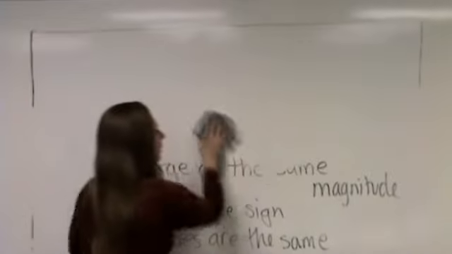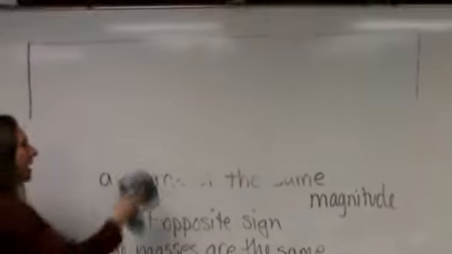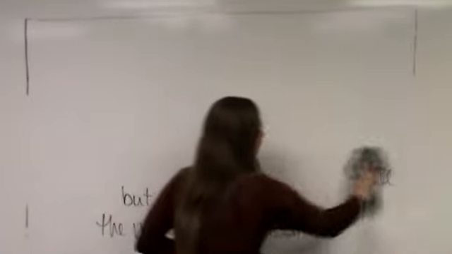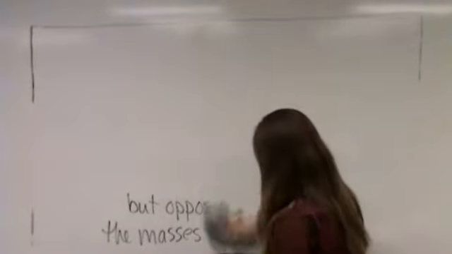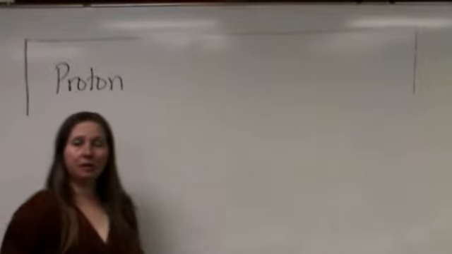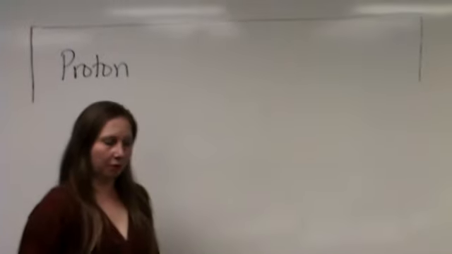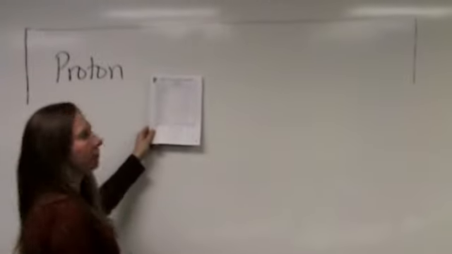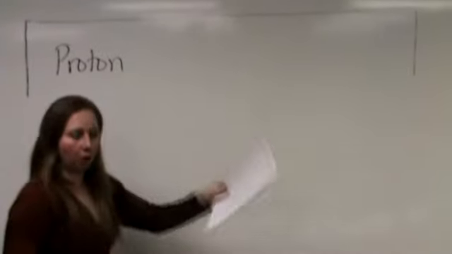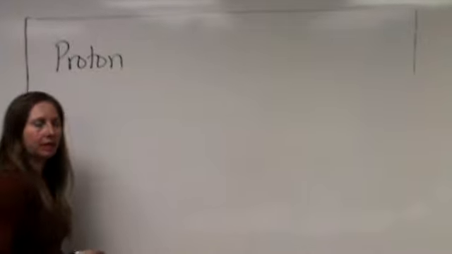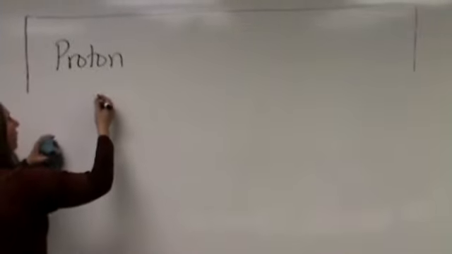Let's look first at the proton and the antiproton. All right, so the proton. We can look up his mass on the front of the reference tables. Top box, down near the bottom, rest mass of the proton, 1.67 times 10 to the negative 27 kilograms.